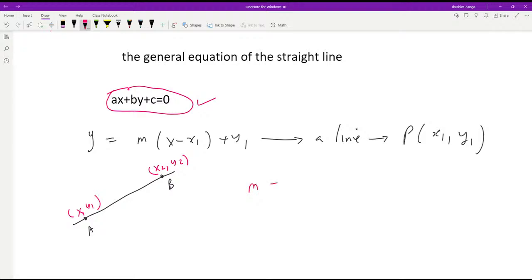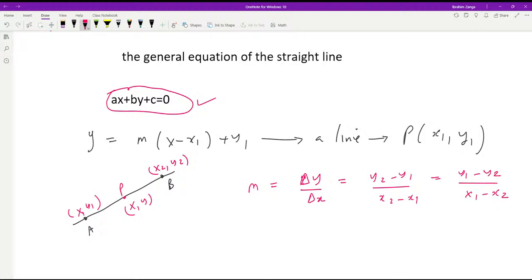The slope basically is going to be a change in y over change in x. I will consider the point P here, which is x comma y. So the slope is y2 minus y1 over x2 minus x1. You can also consider y1 minus y2 over x1 minus x2. So we'll continue with this equation here.